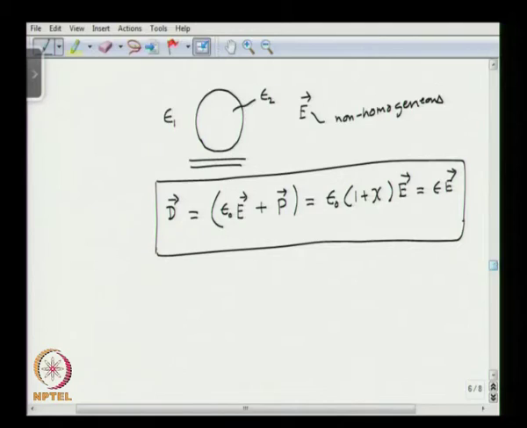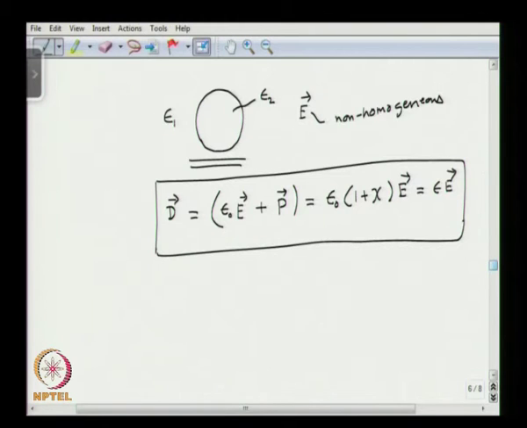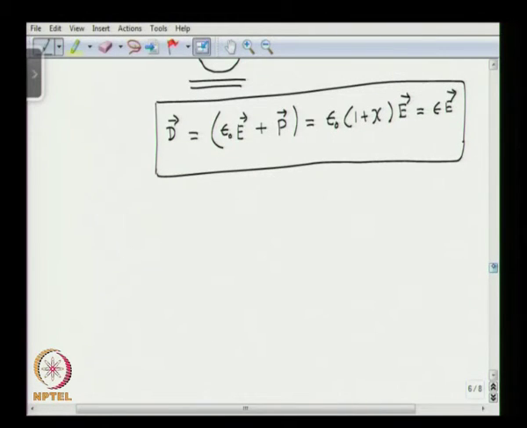So with that knowledge we will go ahead and talk about the dielectric force that acts on a point dipole. So we talk about dielectric force on a point dipole.